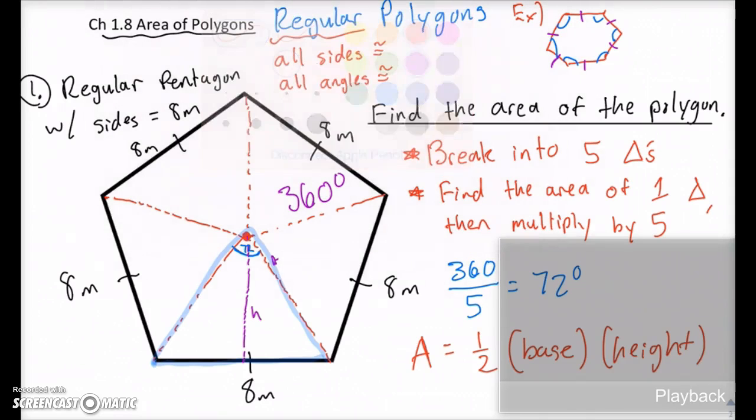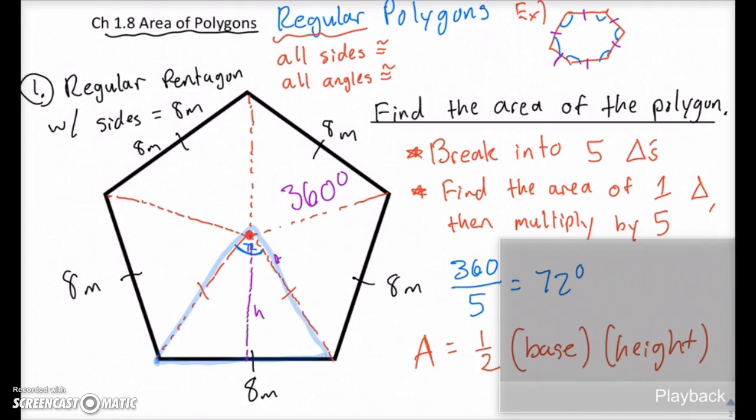Since this is an isosceles triangle, since it's a regular pentagon, both of these sides right here are congruent to each other. So our height bisects that 72-degree angle, which makes these two 36 degrees each.